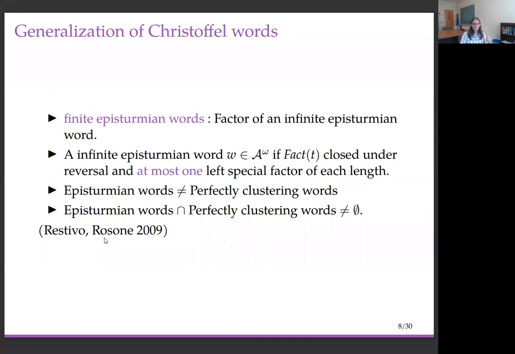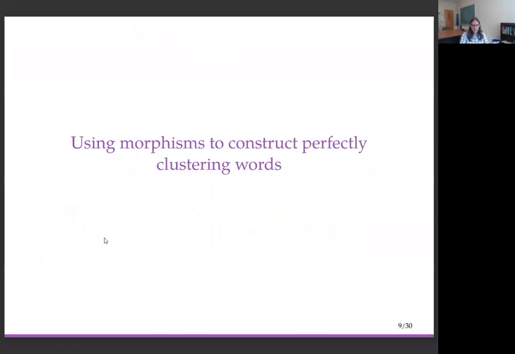Okay, so this is what was in the literature before I started my research on them.